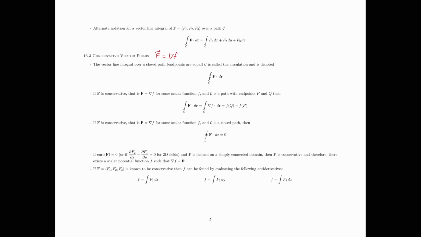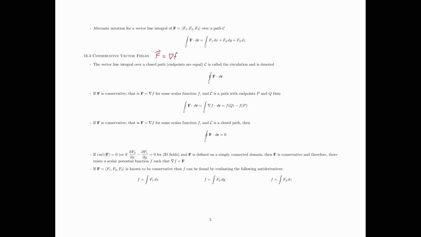A little terminology before we dig into the results about conservative vector fields. We have this first term, which is the circulation. This term is used a little bit by most of us instructors, but what you will see more often than hear this word circulation, you will see this circle in the middle of the integral symbol.